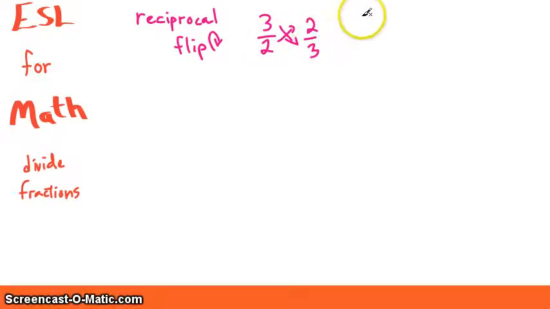Okay? This is going to be very useful because there's two ways that people normally tell you to divide fractions. And you can do it either way. They're both exactly the same. It's just a matter of how you like to think of it. One is multiply by the reciprocal.